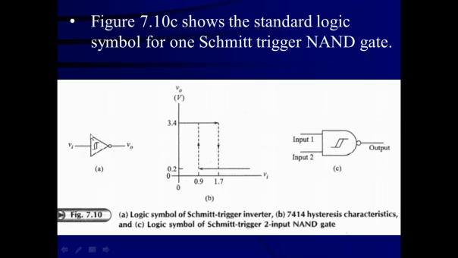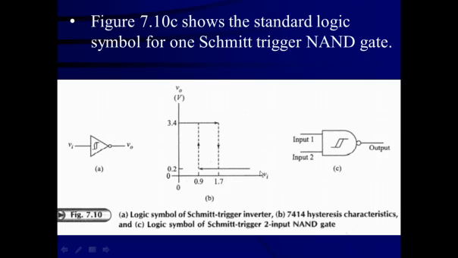Input is low, the output is high. That you can see in this transfer characteristic. Input is 0, the output is high, that is 3.4 volt. As you increase the input and it exceeds 1.7 volt, the output switches from high to low. So the inverter action is there, and it remains low as long as the input exceeds 1.7 volt.